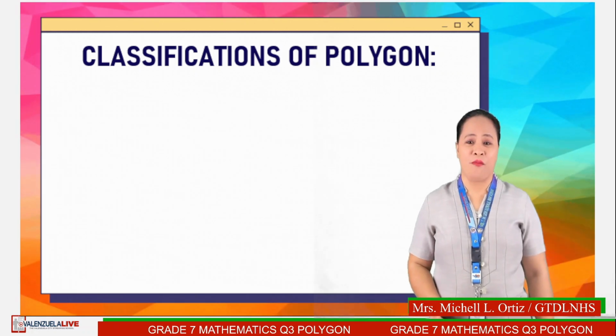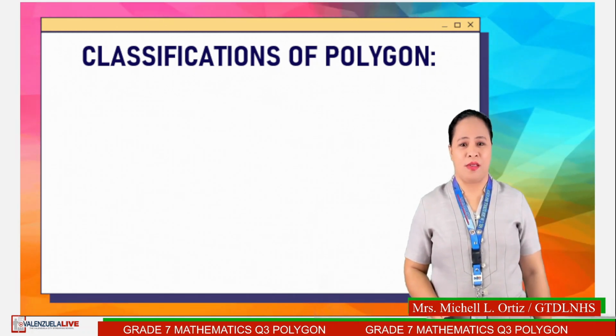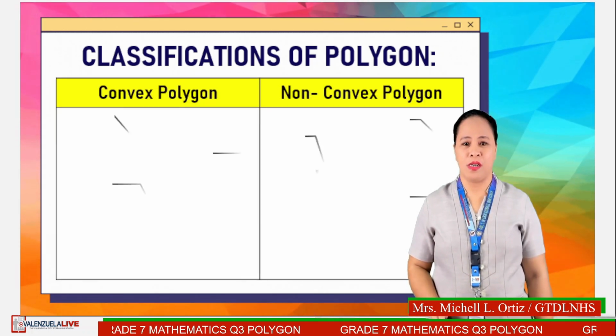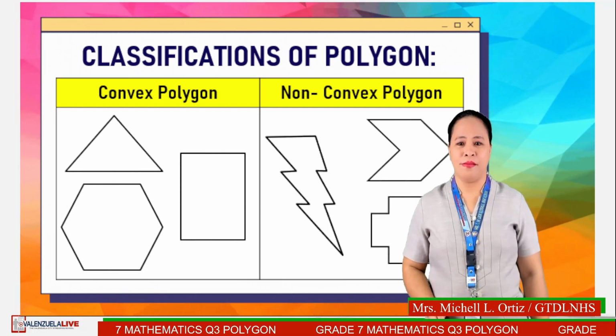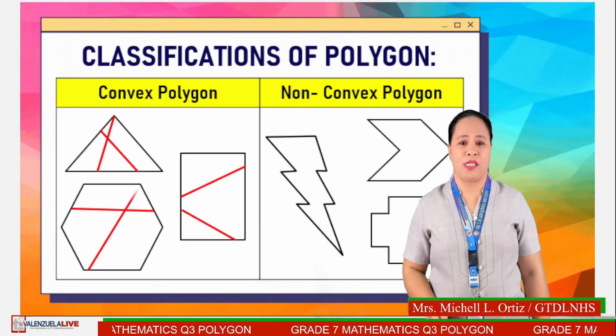Polygons can be classified according to its convexity. There are 2: convex polygon and the non-convex polygon.